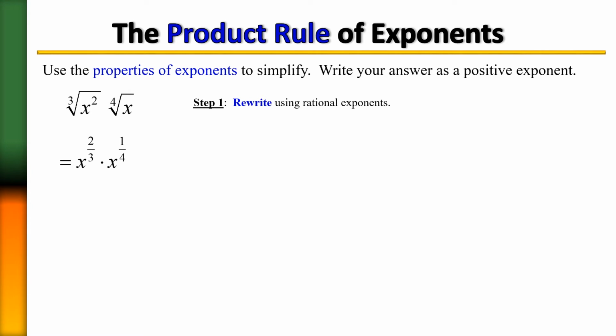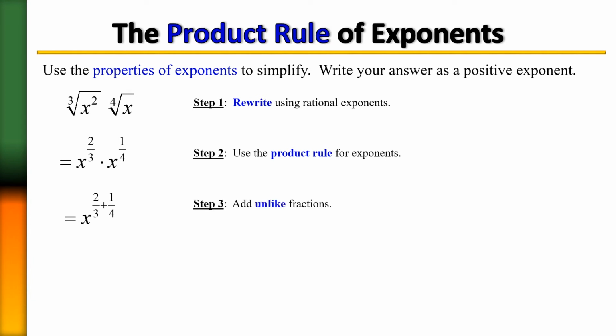Again, the fractions here are unlike fractions, so you'll have to find the LCD and combine them. You can look at my videos on fractions, how to add unlike fractions. But let's go ahead and solve it. When we solve it, we're going to wind up with 11 over 12. So x raised to the 11/12 is your final answer.